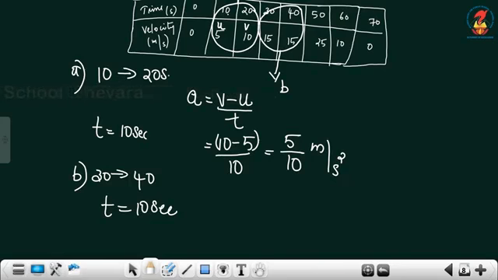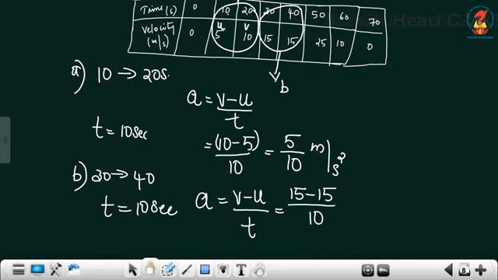So what is the equation to find acceleration? a equals (v minus u) by t, that is (15 minus 15) by 10, which equals 0 by 10, 0 meter per second square.